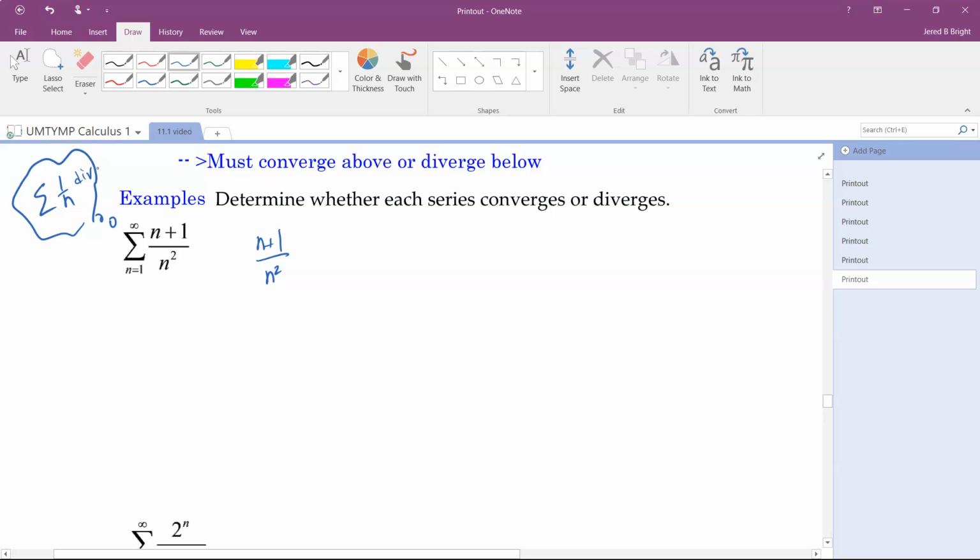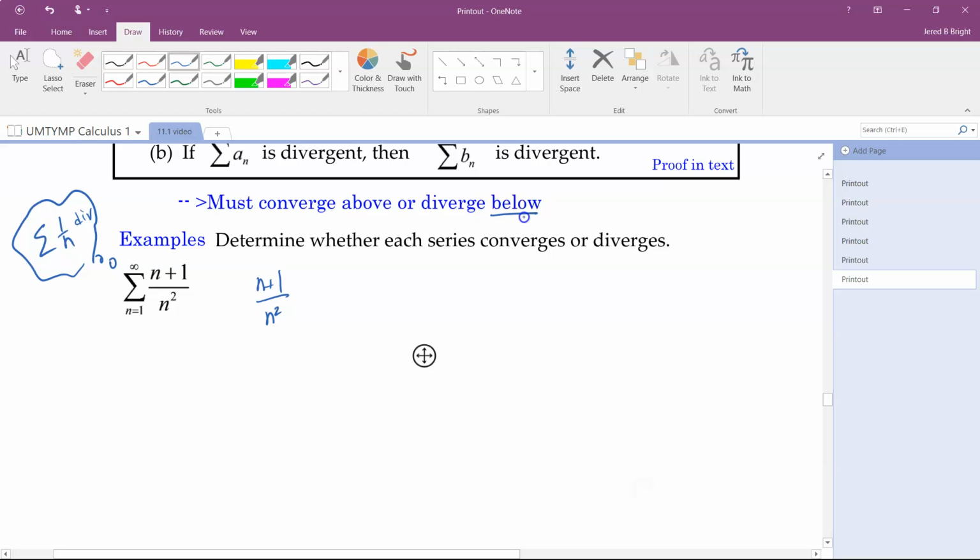So if I have that intuition of divergence, again, I need divergence below, so I have to make this whole thing smaller than what I start with. Certainly if I subtract 1 from the numerator, that makes the whole thing smaller, and this is 1 over n.